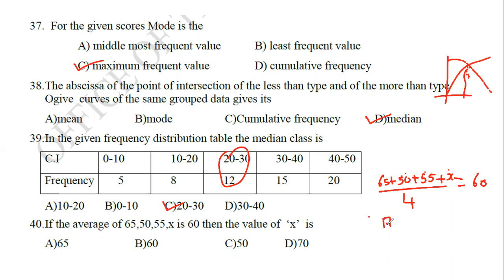So 170 plus x is equal to 60 into 4, which is 240. So x is equal to 240 minus 170, which is 70.